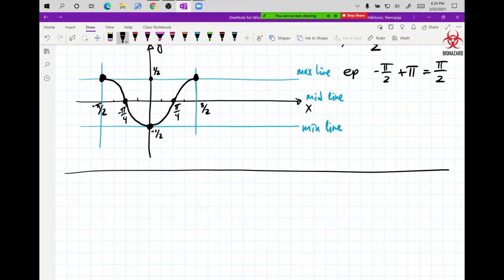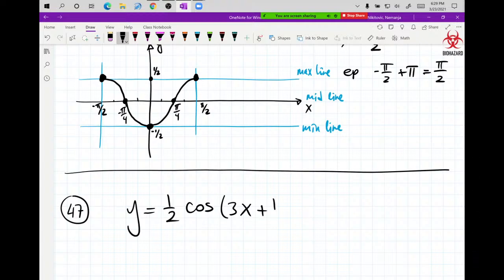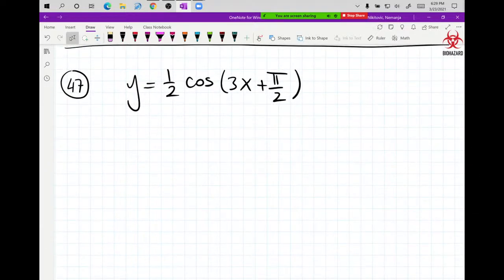Okay, try 47 because it does have this 3x plus pi over 2 right there. Okay, so try this on your own for a few minutes, and then I will come back and we'll work it together.